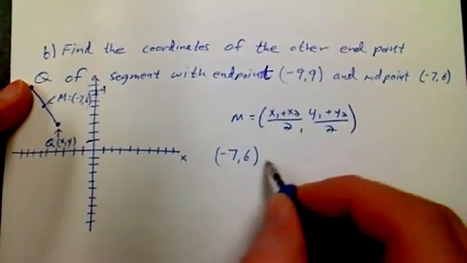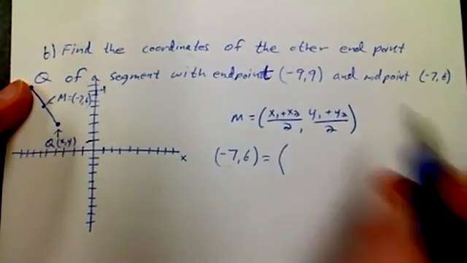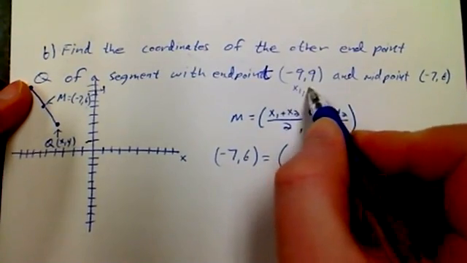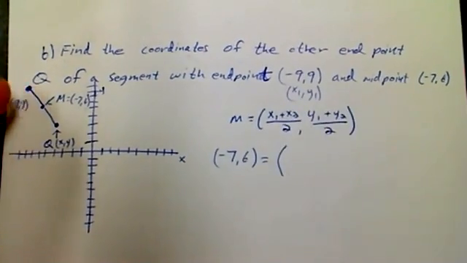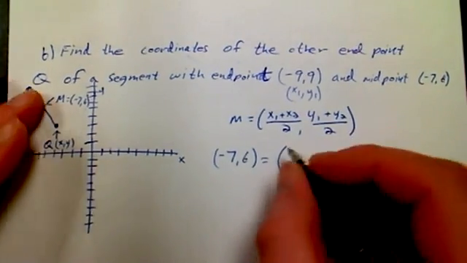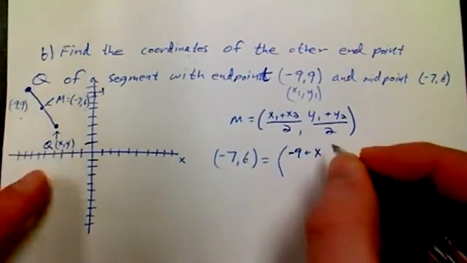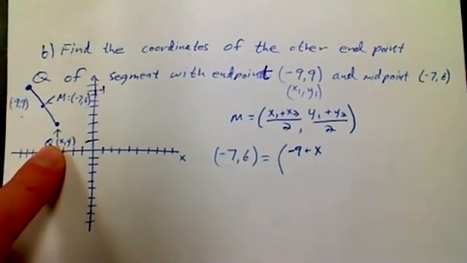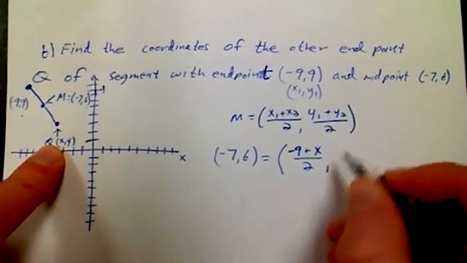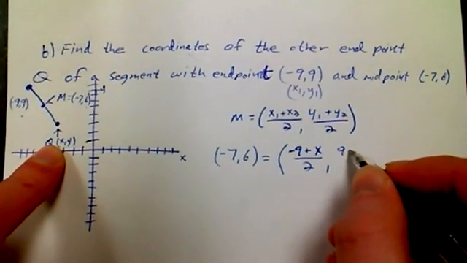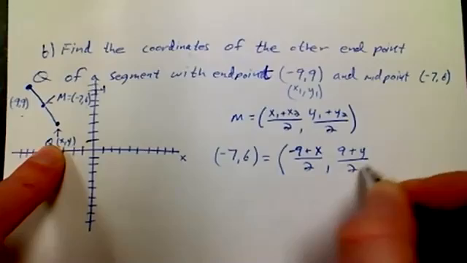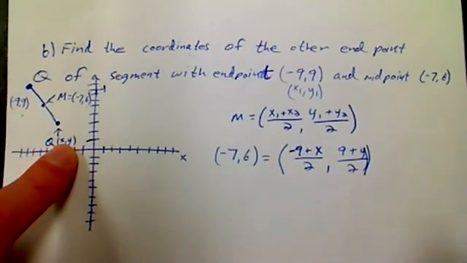So that has to be equal to, if I consider this my x1, comma, y1, right here, this -9, 9, and this is going to be -9 plus some x value, that's the x value I'm looking for, over 2, and 9 plus some y value over 2, that's the y value I'm looking for.